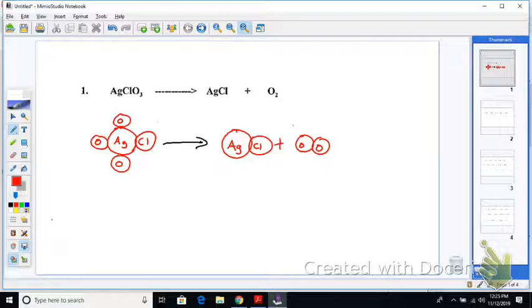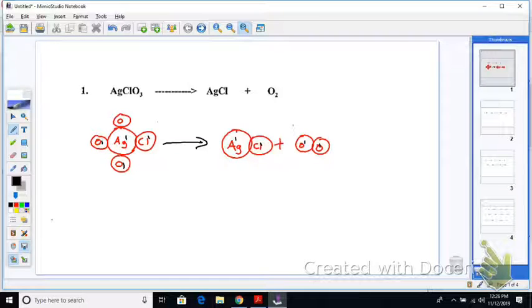First thing is Ag, there's 1 Ag here. I'm going to just go ahead and stipulate it. You got 1 Ag there, and you got 1 there, and you got a Cl here, and a Cl over there. You guys don't have to do this. I'm just doing it to show you. You got oxygen there, oxygen there, oxygen here, oxygen there.